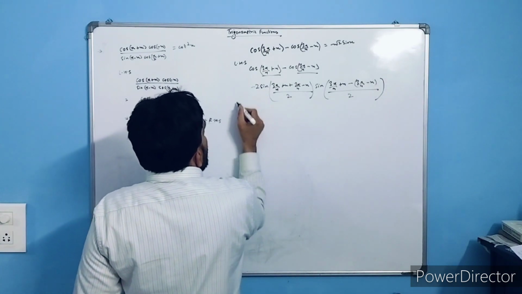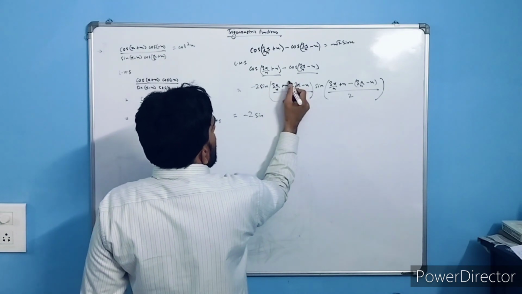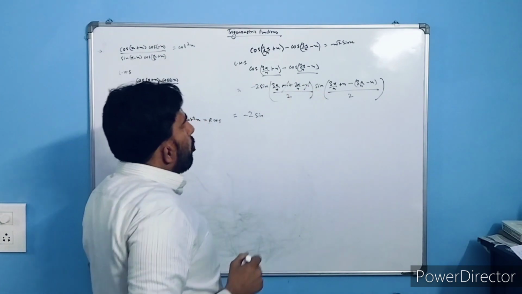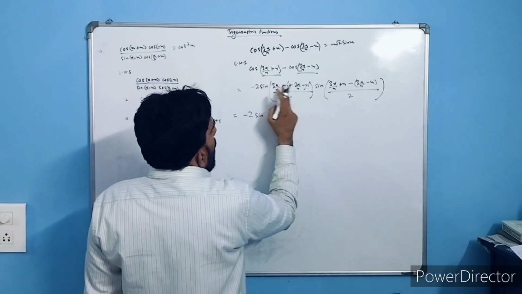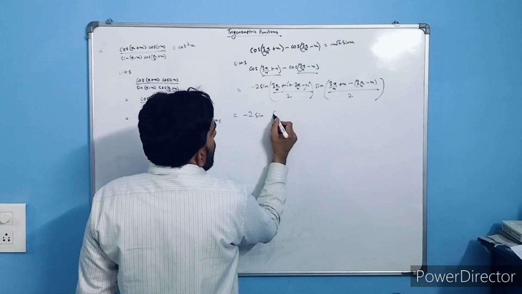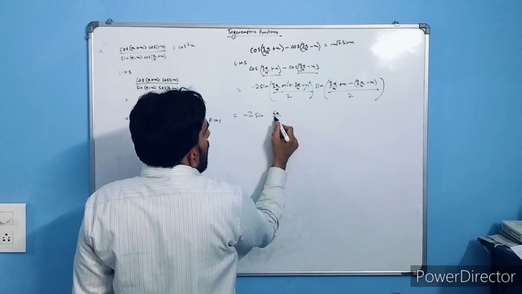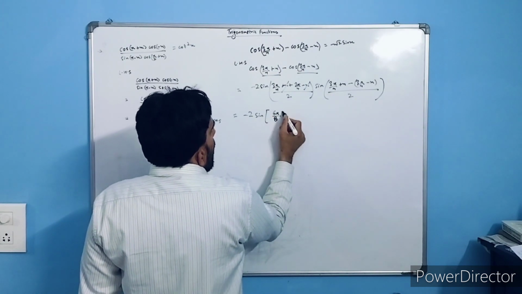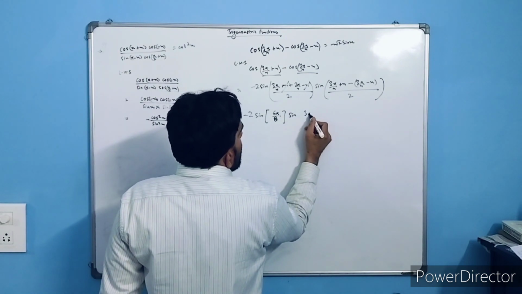So now you can sort it out here. Minus 2 sin, if I see, the x terms will be reduced and we will add the 3pi terms. So what I will get is 3pi plus 3pi, 6pi by 4, and dividing by 2 we get 3pi/4.